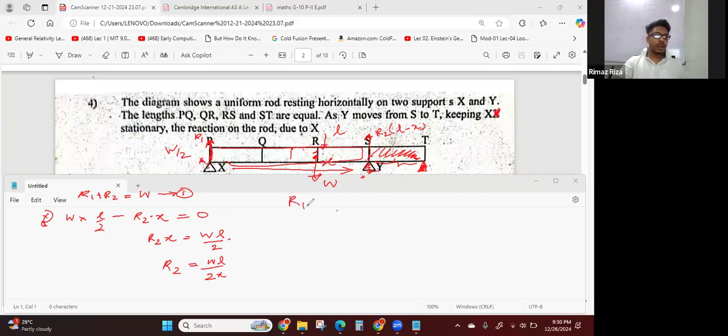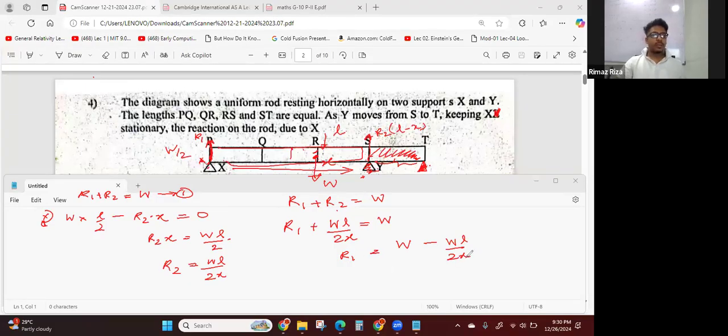Then R1 plus R2 equals W. Substituting R2, R1 plus WL over 2x equals W, so R1 equals W minus WL over 2x.